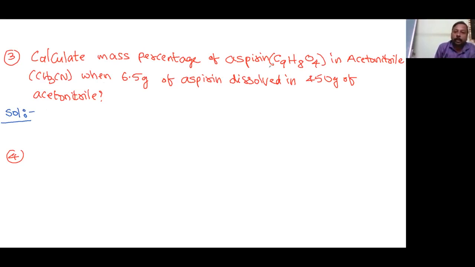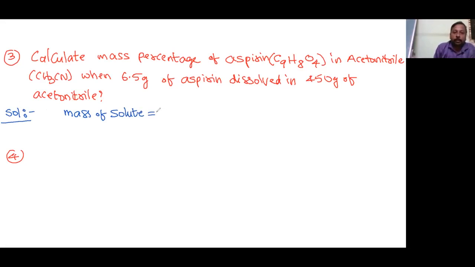Here aspirin is dissolved in acetonitrile, therefore it is the solute. You will write like this: mass of solute. Even though it is very simple, you still have to present it on the board.